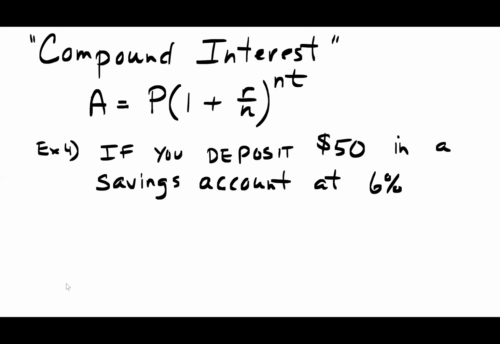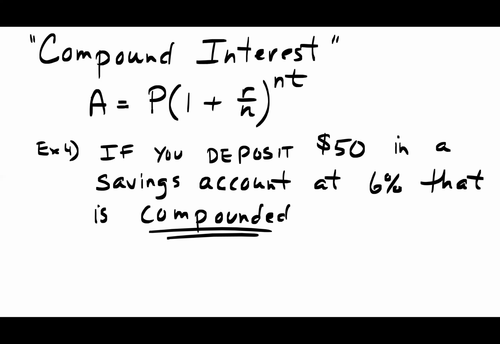With personal savings accounts, they are usually compounded monthly, which means the bank gives you that money each and every single month. It sits there for a month and they give you a little percentage of the money that's sitting there. Okay, it's compounded monthly.